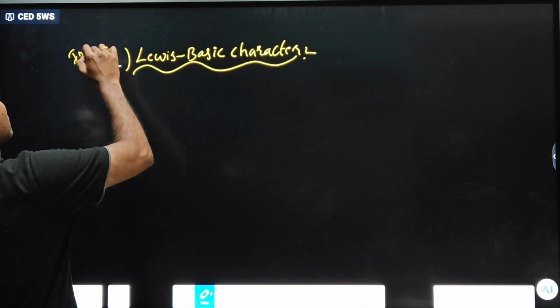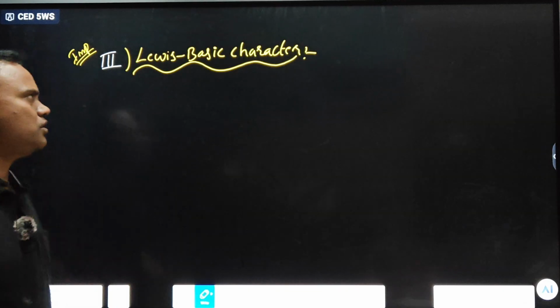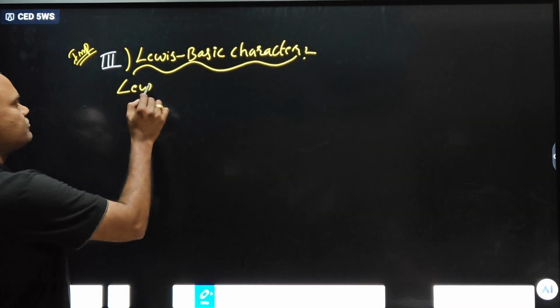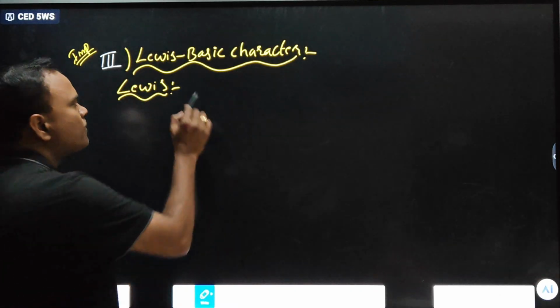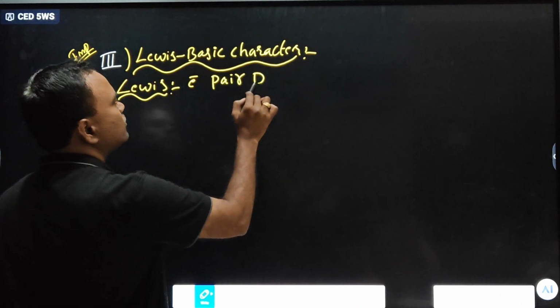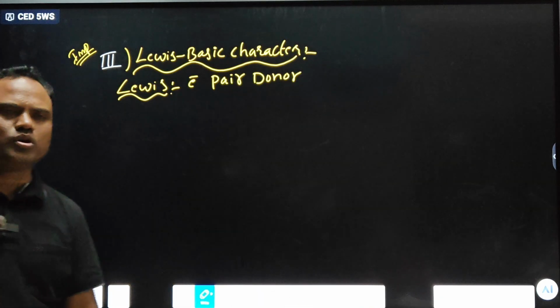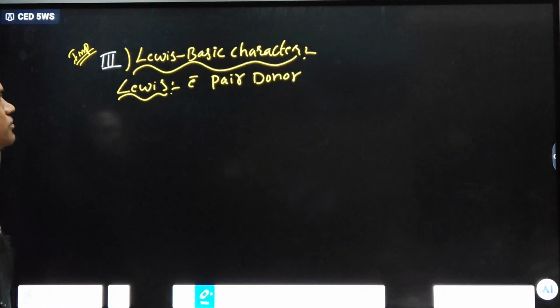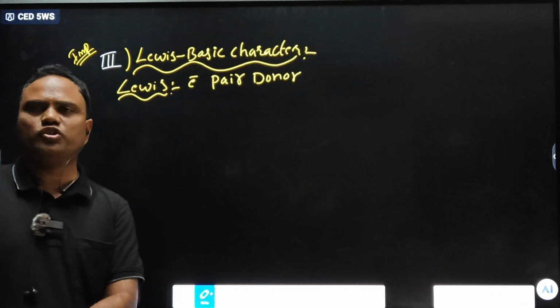All are important, but most important is Lewis basic character. What is the Lewis base? Electron pair donor, or proton acceptor. But this statement is useful: an electron pair donor is called a Lewis base.